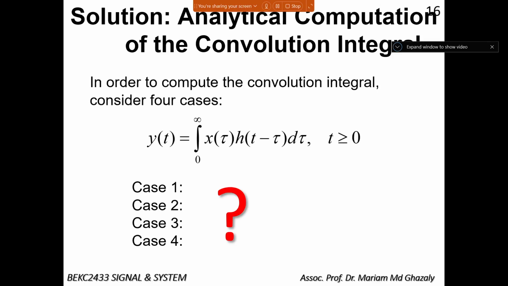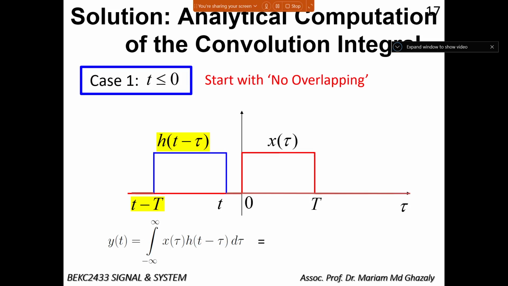What you need to do first is, in order to compute the convolution integral, we can consider it in 4 cases. What are the 4 cases? Between x(t) and h(t), which one do we fix? We fix x(t).